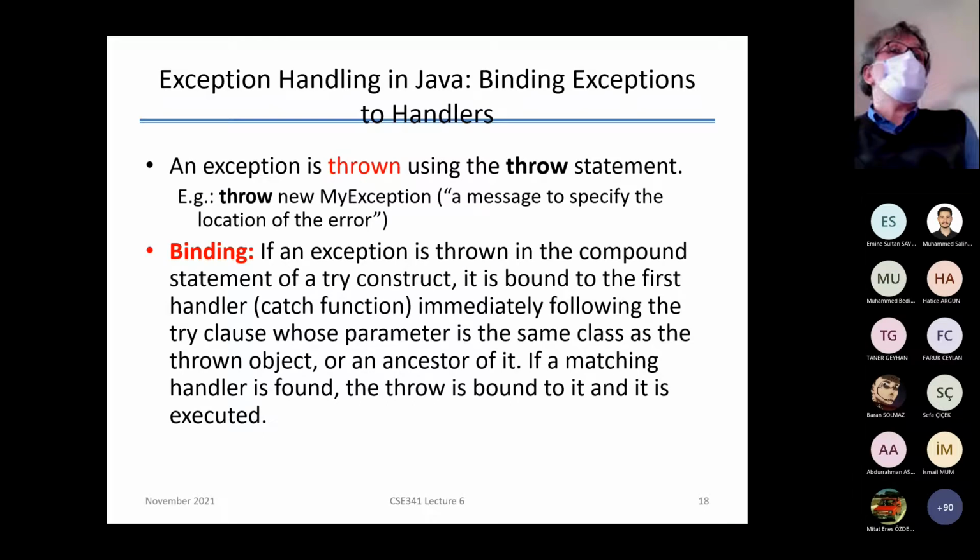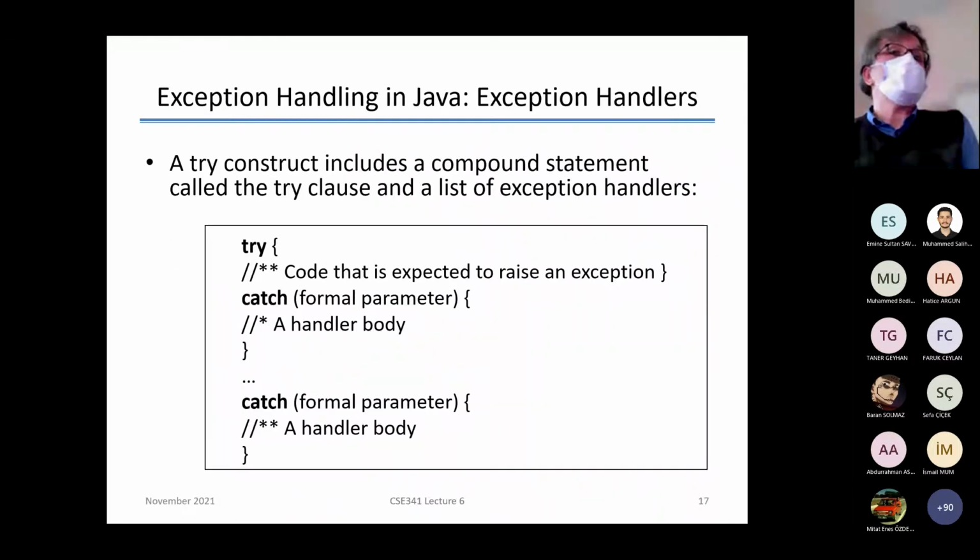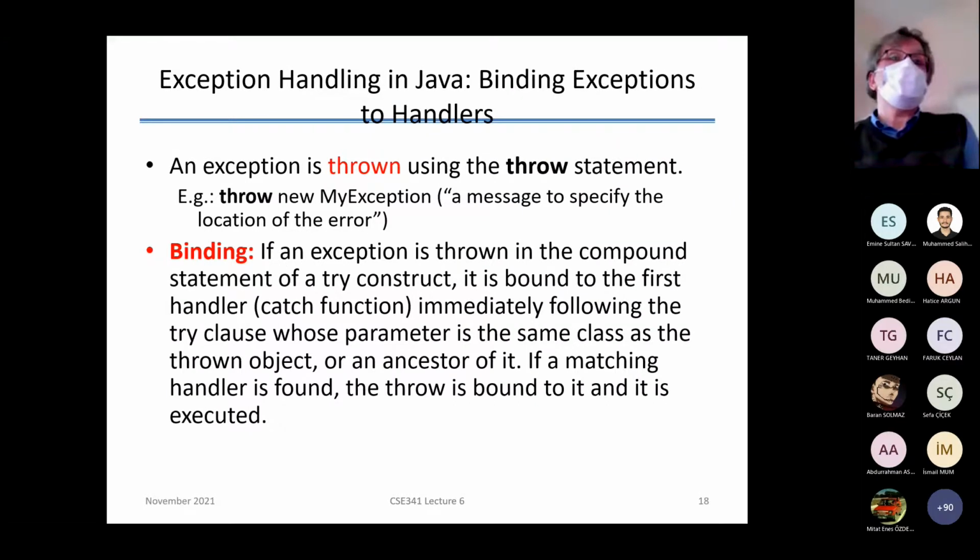An exception is thrown using the throw statement. You know this one from your Java classes. So you have an exception and then a message indicating the state of the exception.